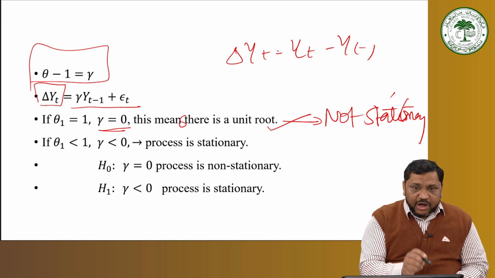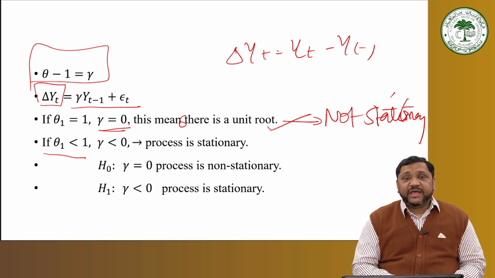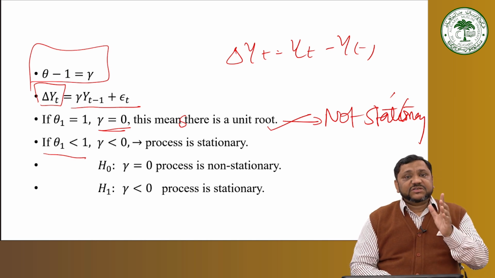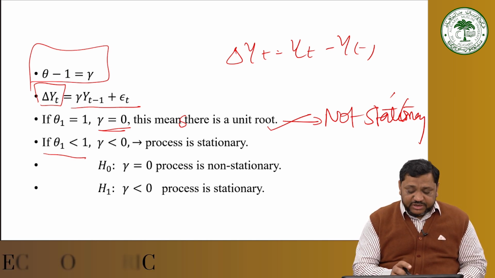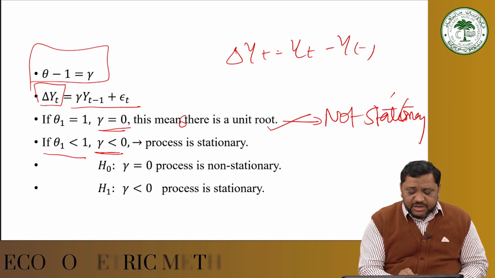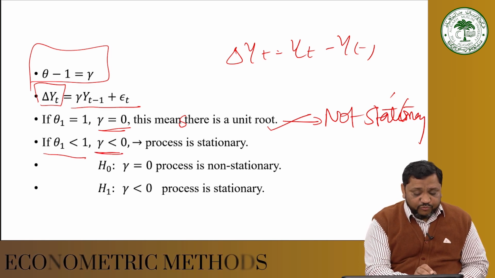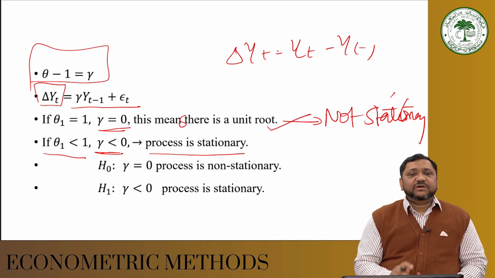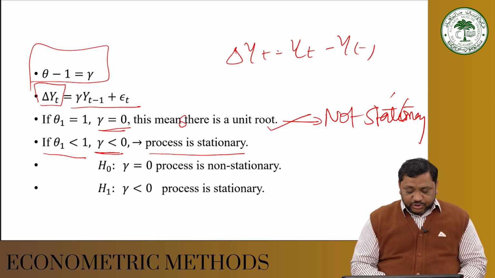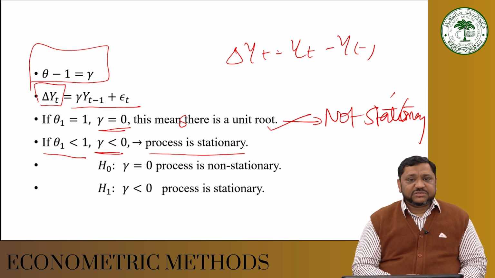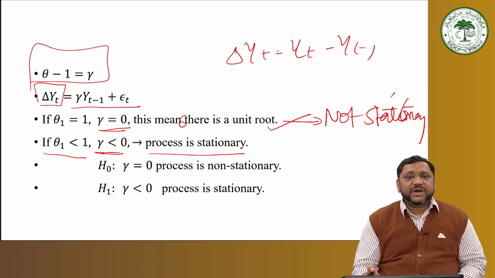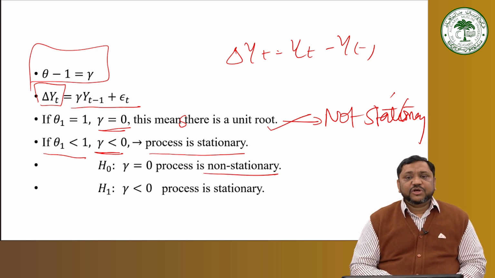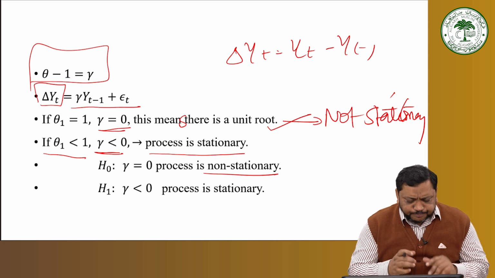Now, as we have seen in the AR processes, the value of theta 1 less than 1 is the necessary condition for the process to be stationary. Then your gamma is less than 0. If theta is less than 1, then gamma is less than 0. This means the process is stationary. So the null hypothesis is gamma is equal to 0, the process is not stationary. Gamma is less than 0, the process is stationary.